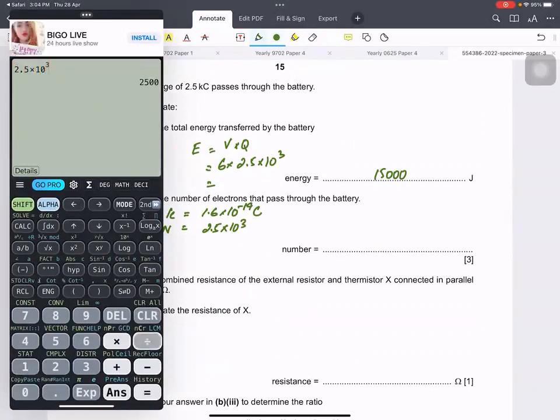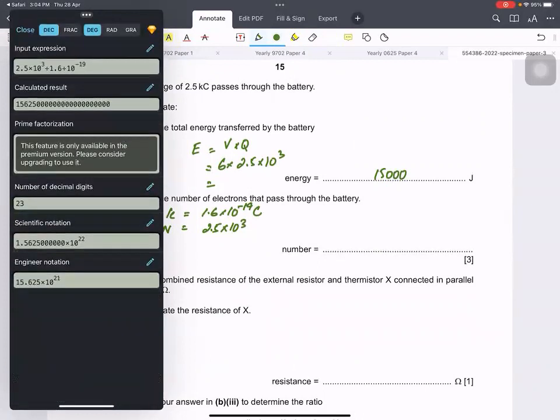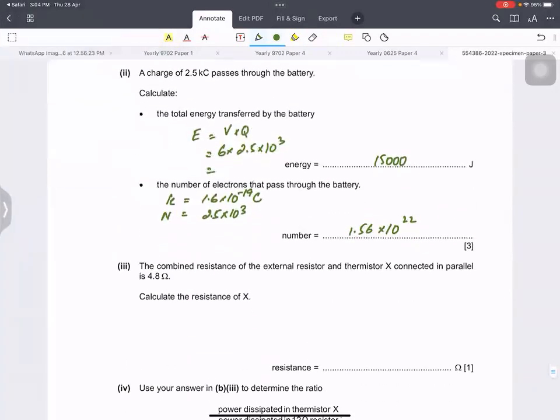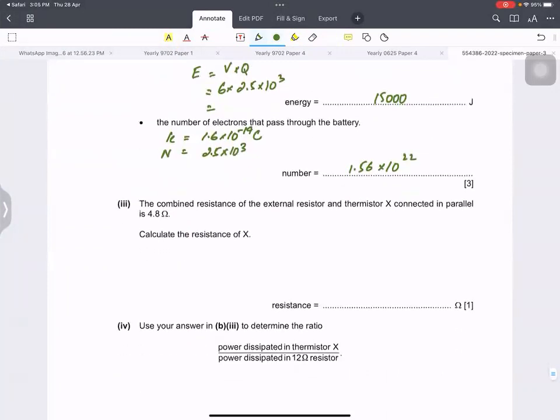I think there are going to be so many electrons. Oh my God. 1.56 times 10 raised to power 22 electrons. Wow. Big number, huh? So if you have any questions, please let me know.